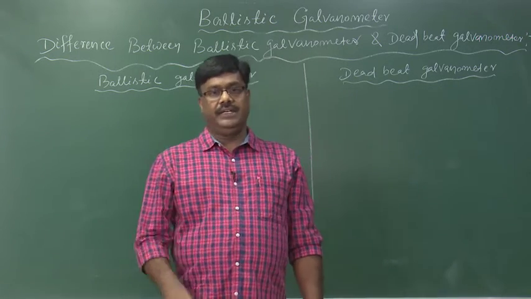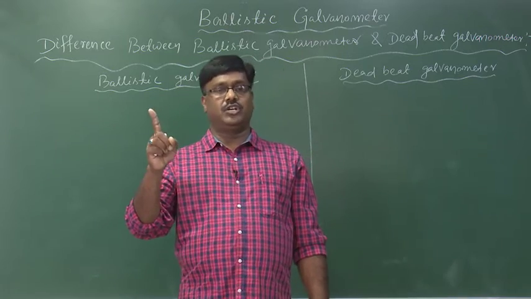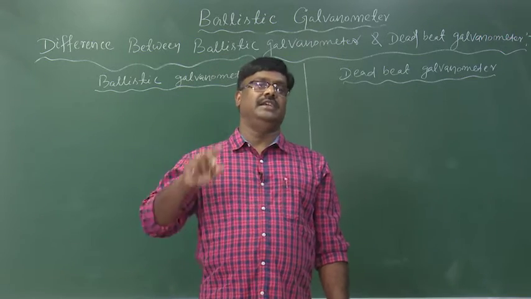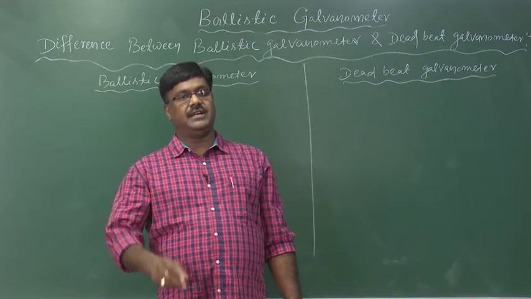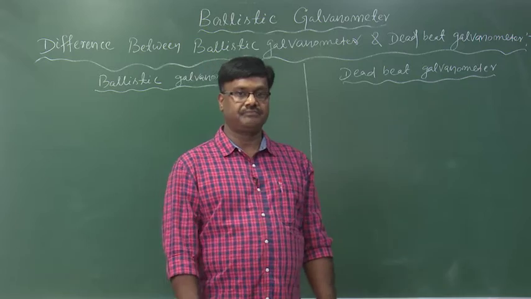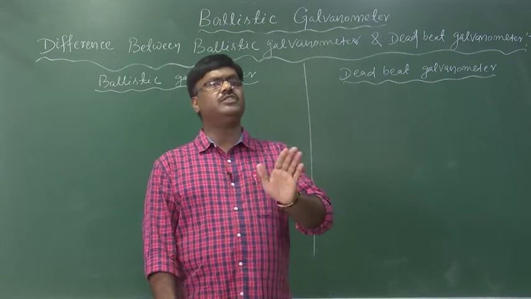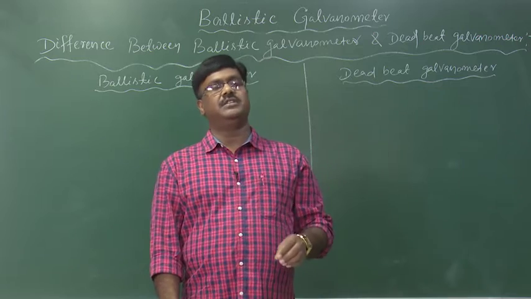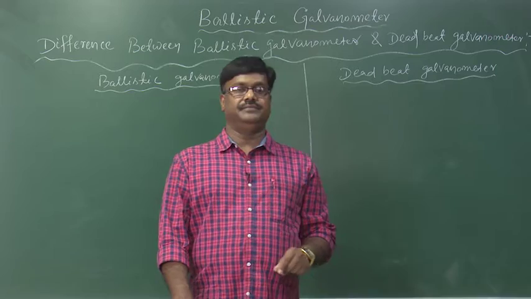But in case of deadbeat galvanometer, the pointer comes to rest immediately just after the passage of current. The ballistic galvanometer continues its oscillation only because of its greater moment of inertia of the coil.